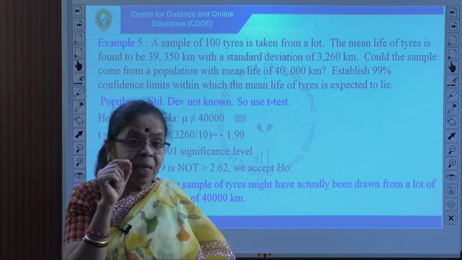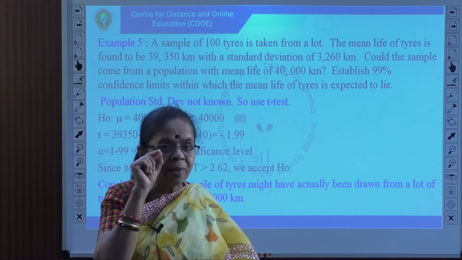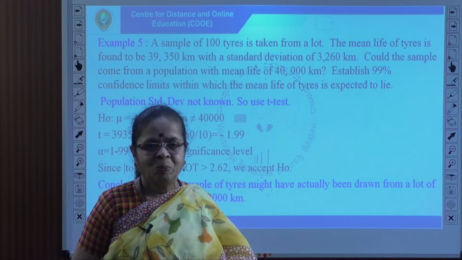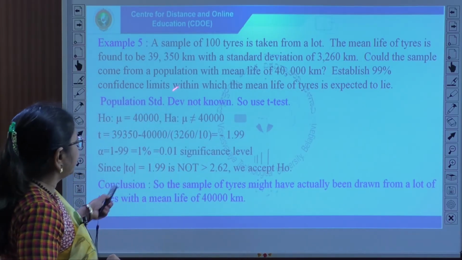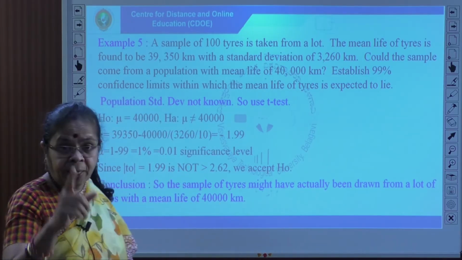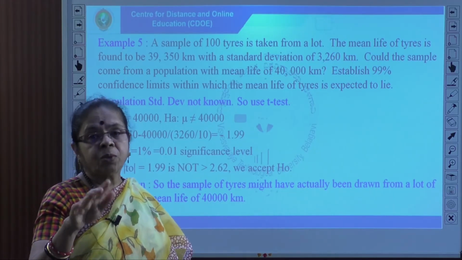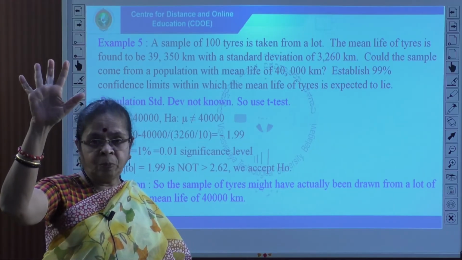So, you should be very clear what number you put in the hypothesis. Now, in the hypothesis I am putting 40,000, not 350. Why? Because 40,000 is the original population.